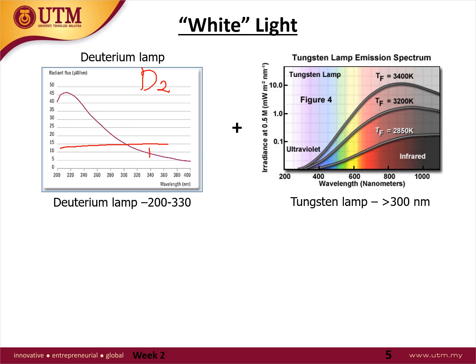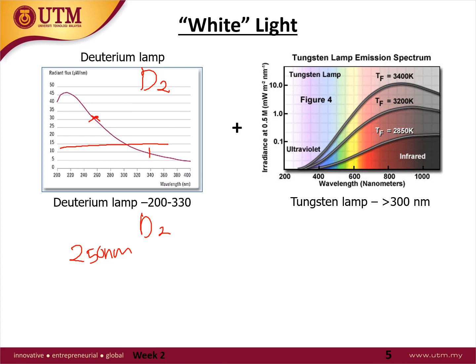So you can predict that if I want to analyze a sample that can absorb at a wavelength of 250 nanometer, is the D2 lamp okay? The radiant flux is still okay compared to 330. Usually at 330, the intensity is relatively lower than when you use a shorter wavelength.